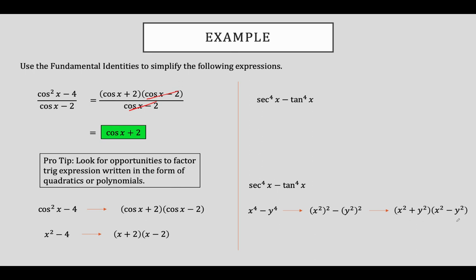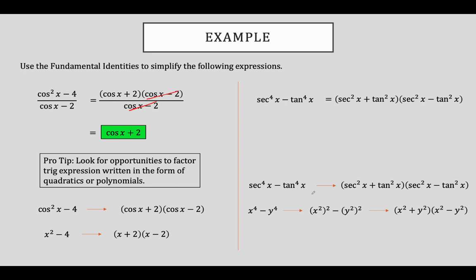And therefore, our trig expression here is going to factor very, very similarly. This is going to give me secant squared x plus tangent squared x times secant squared x minus tangent squared x. So we've got secant squared x plus tan squared x times the quantity secant squared x minus tangent squared x.